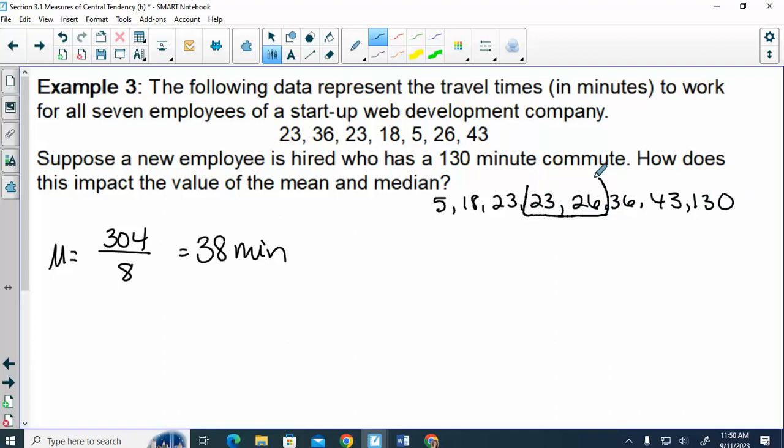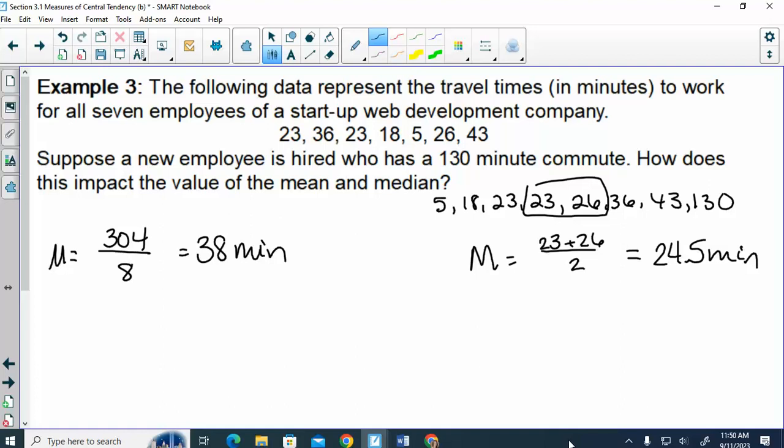So to get the middle, I have to do 23 plus 26 and divide by 2. And so what's my median turn out to be? 24.5. Okay.